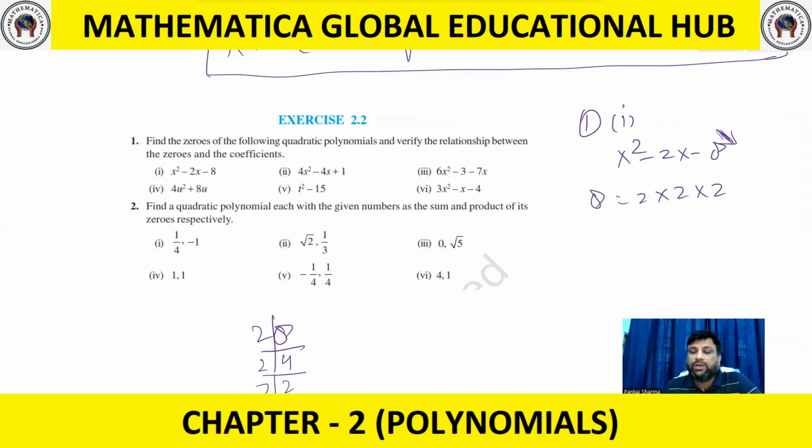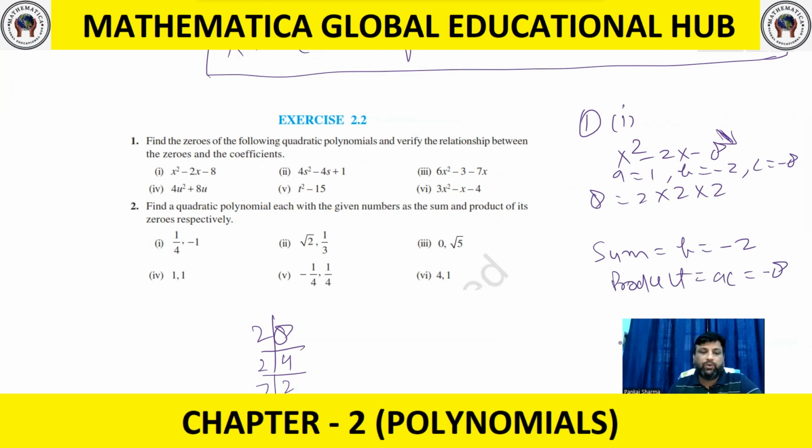Yes, now we want two numbers whose sum should be equal to B, and B is here minus 2. Yes, A is here 1, B is minus 2 and C is minus 8. We want two numbers whose sum is minus 2 as well as the product is AC, so AC is here minus 8. Got my point? So we need to arrange the prime factors of 8 in such a way that the sum should be minus 2 and the product should be minus 8.